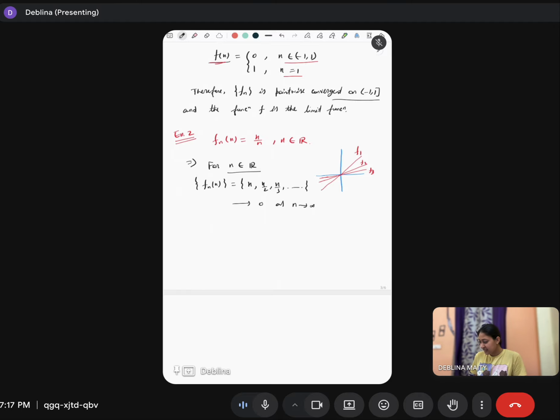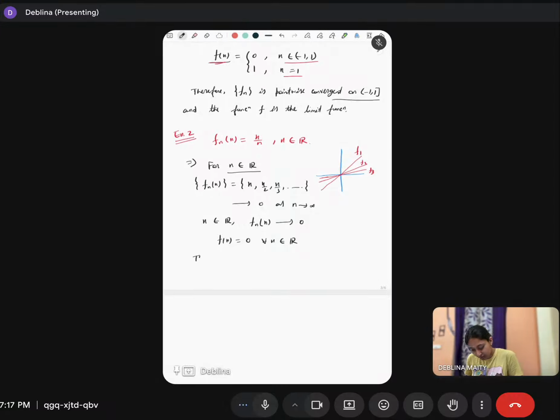So for each x belonging to R, fn(x), the sequence of real numbers, goes to 0. So the pointwise limit is what? This is the 0 function. f(x) is 0 for all x belonging to R, right?